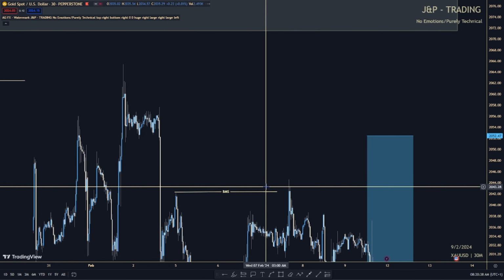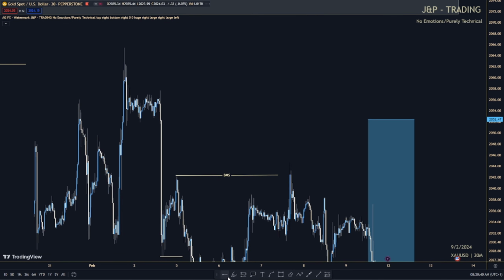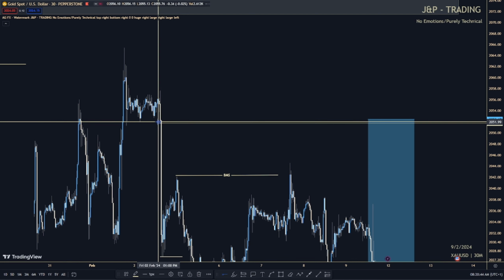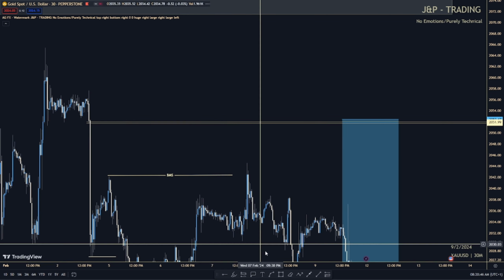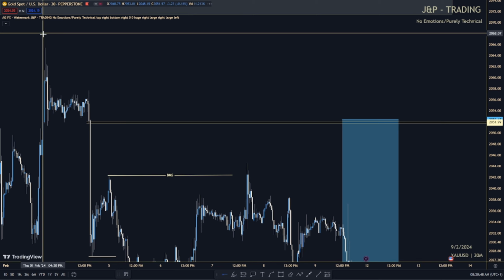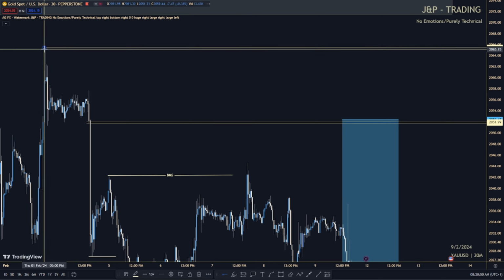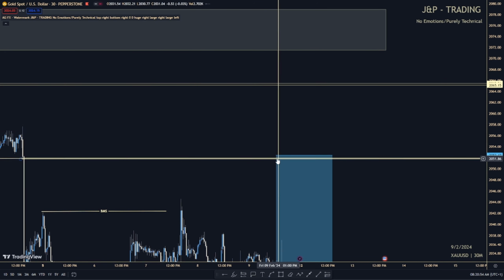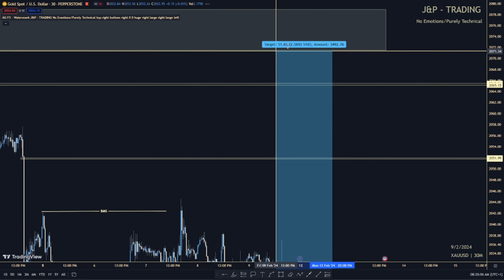So from this point, we are going to expect a rally to the upside, at a bare minimum to this supply zone. Remember guys, this supply zone is quite risky. So we can expect the market to rise up, but that's our first TP point.